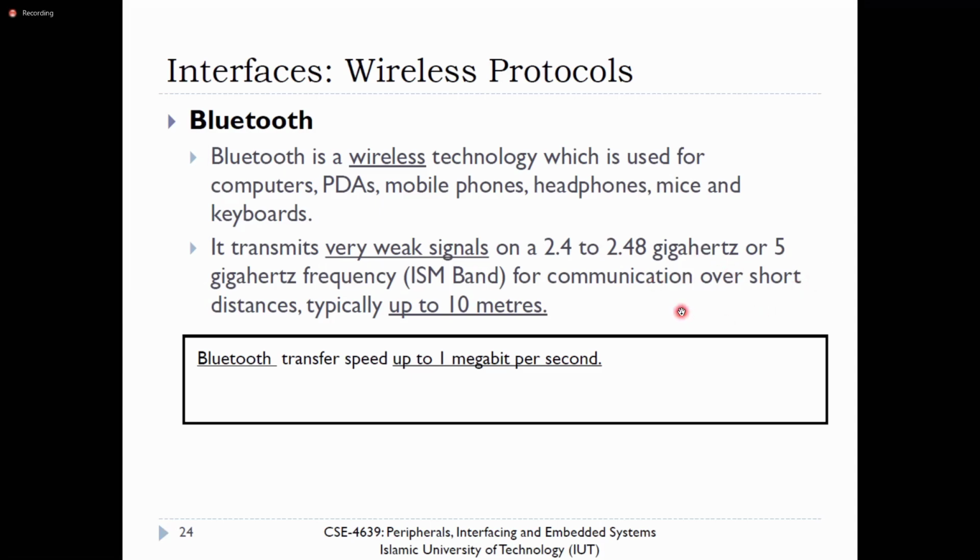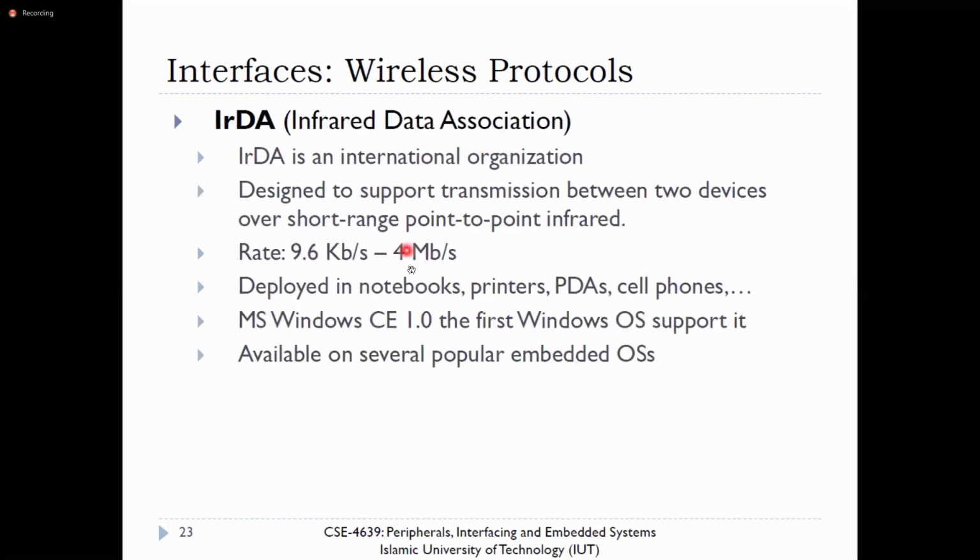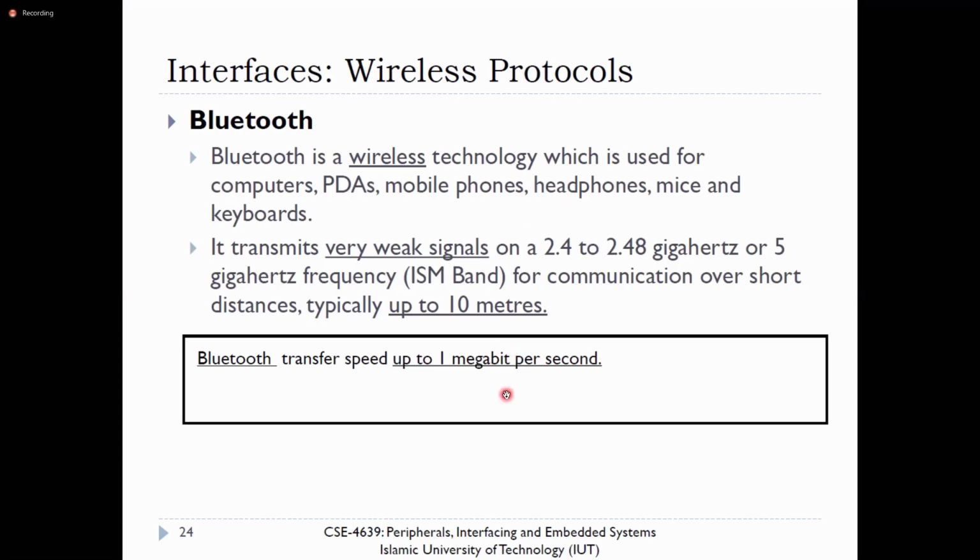Typically we say short range distances are up to 10 meters. Beyond 10 meters it can still support, but within 10 meters you get a good quality data transfer rate. Bluetooth transfer speed is up to 1 Mbps, whereas IrDA is 4 Mbps, but Bluetooth can support 1 Mbps.